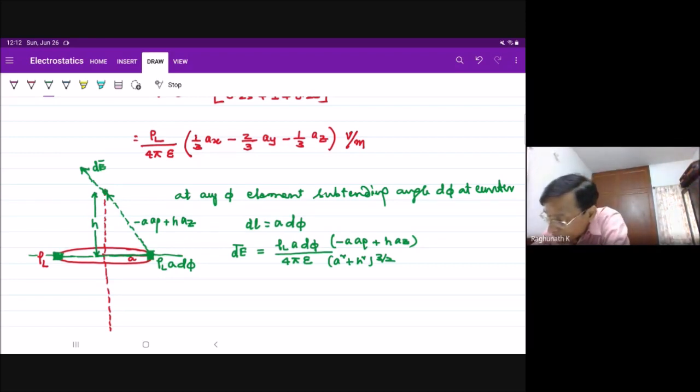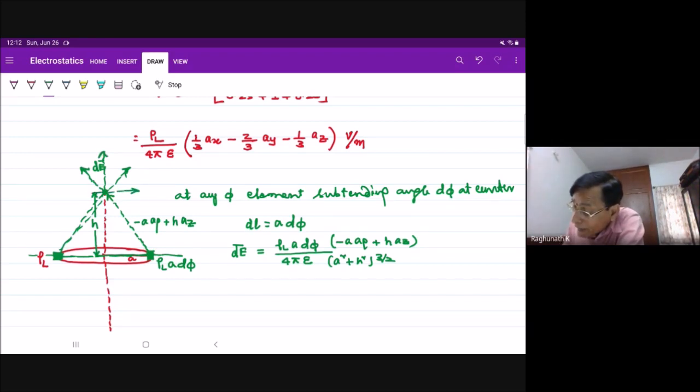They are at the same distance, creating the electric field intensity inclined at the same angle from the vertical. Which component will remain? Only the vertical component will remain. Horizontal radial component here gets cancelled out.